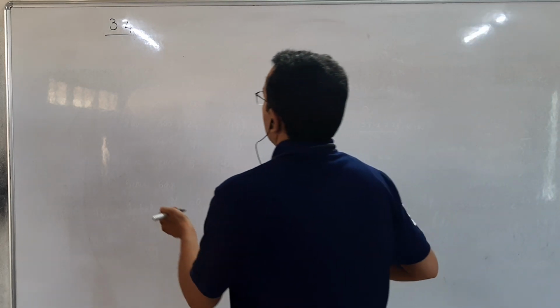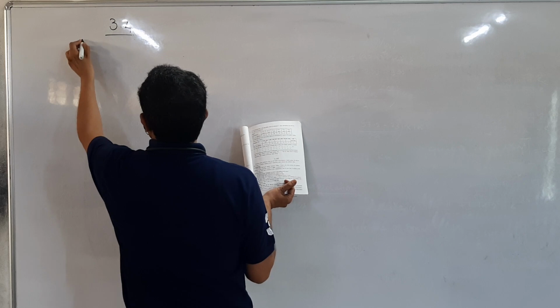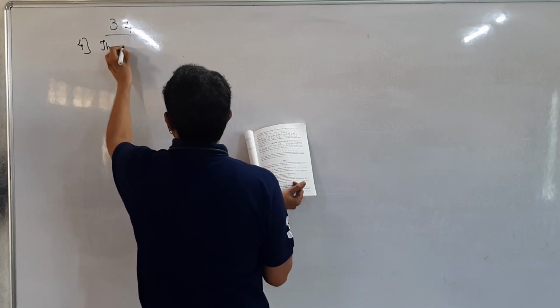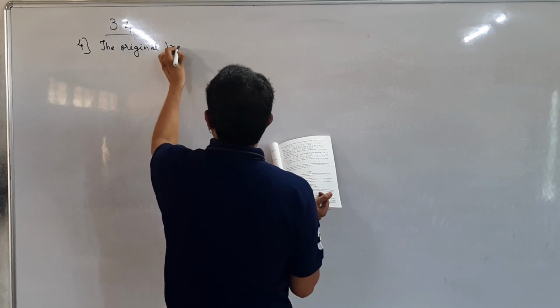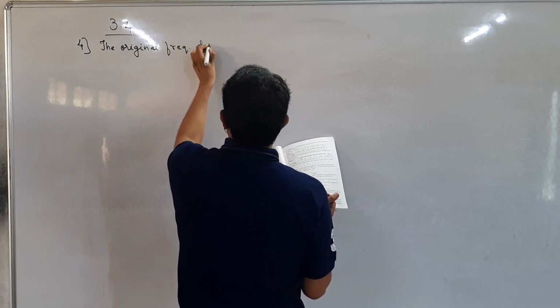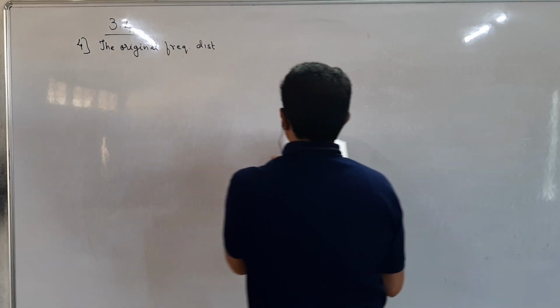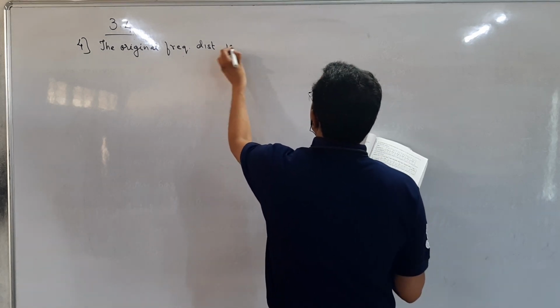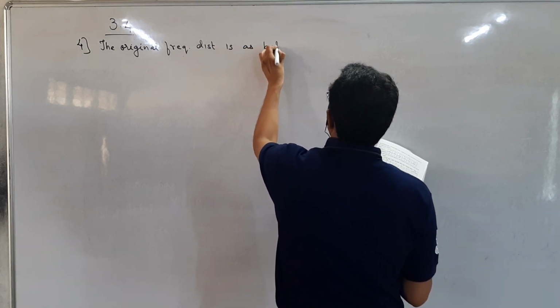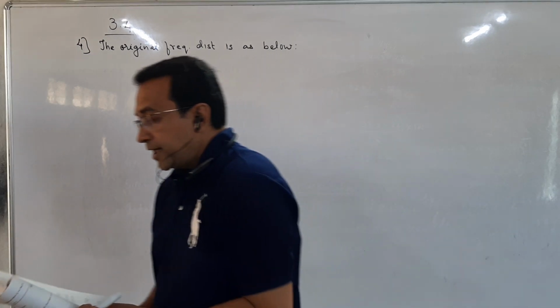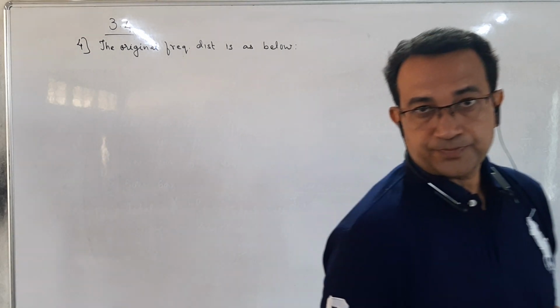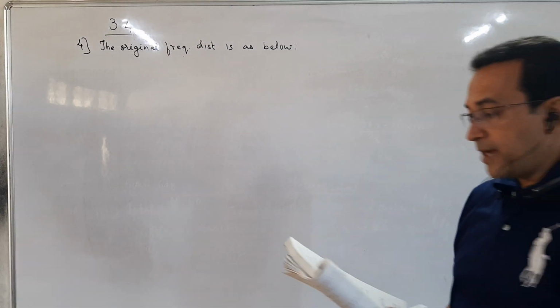So first of all, we start with sum number 4, the original frequency distribution, as below. Now, for more than type, we take one value after the other, so 30 or more, and the gap is 5.